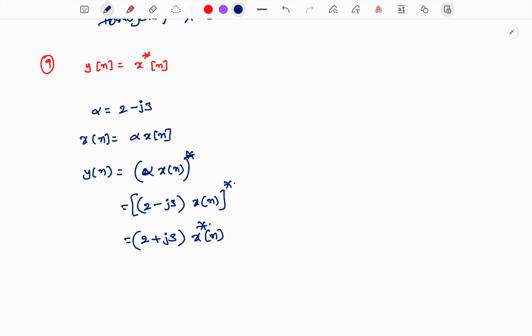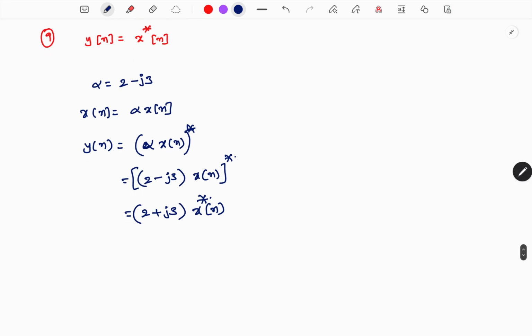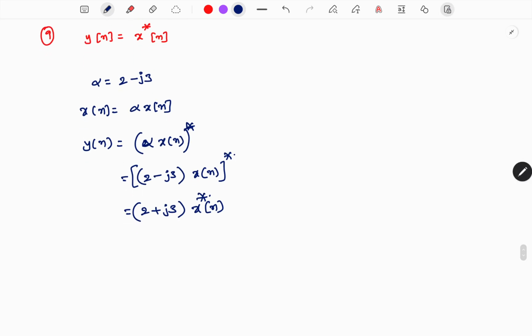So we can say that this is not following the homogeneity condition. Here we are multiplying the input with alpha as 2 minus j3, but in the output we are multiplying with 2 plus j3.